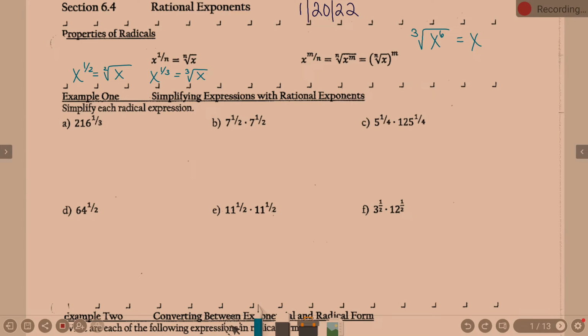The n, the denominator, is the root, so this 3 is your denominator. The power is your numerator, your m. So the cube root of x to the 6th is the same as x to the 6/3. Could you reduce that? Maybe. 6 divided by 3 is 2, and it is x to the 2nd.